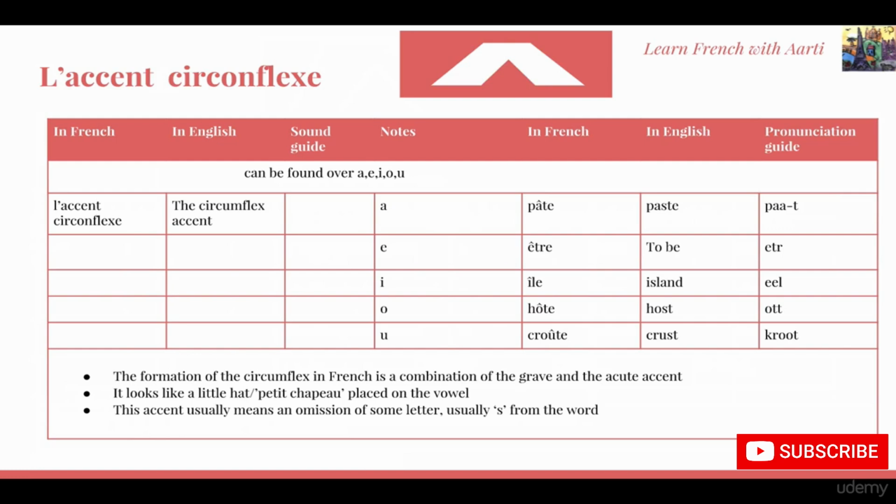The next accent is l'accent circonflexe, or the circumflex accent. It can be found on A, E, I, O, and U. The formation of the circumflex accent in French is a combination of accent grave and accent aigu.